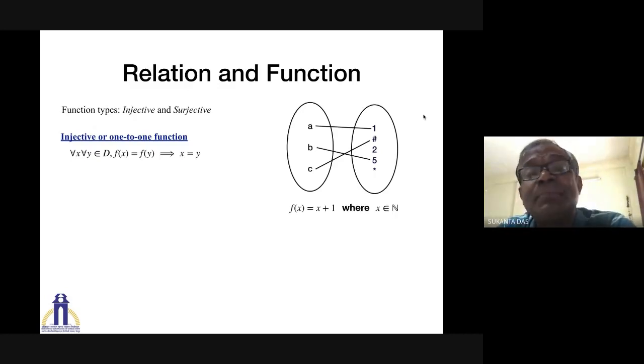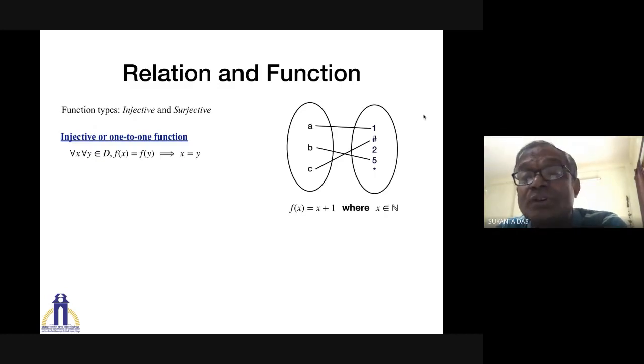So this is another example of an injective function. Suppose f(x) equals x plus 1, x is any natural number, so 0, 1, 2, 3, etc. By natural number we mean here the set of natural numbers, so 0, 1, 2, 3, 4, etc. Generally, while we define natural numbers, we don't include 0, but here we include 0.